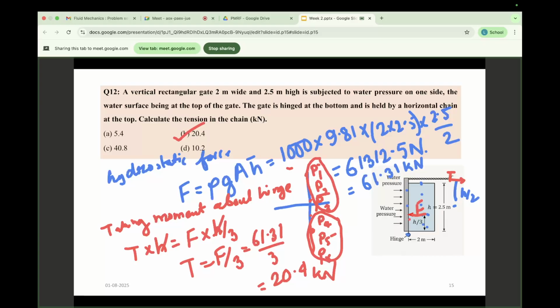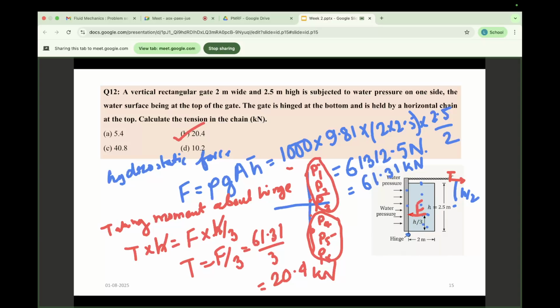See here, it is a rectangular gate. Maybe a triangular gate can be given. Similar types of problems you will find in the fluid mechanics books. So please go through these types of problems. You will definitely find this question. Is it clear? Can I move to the next one?